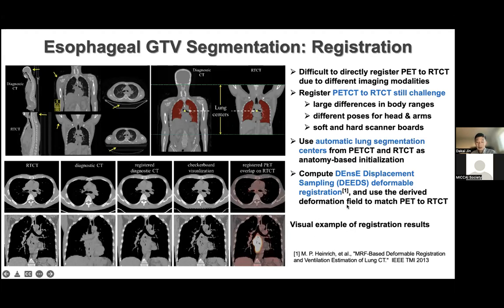So in their work, they first use a lung segmentation mask to determine the roughly same region between the diagnosed CT and RT-CT, because, as we see in the top left figures, the diagnosed CT has pretty different patient poses and some imaging differences, like soft bed or hard bed. So the deformable registration requires a good initialization position.